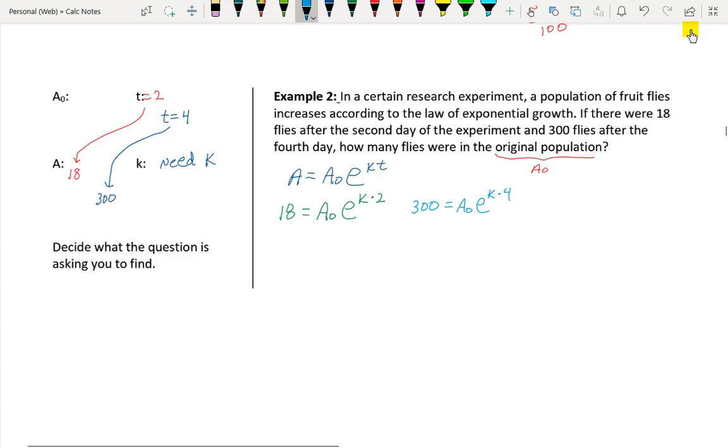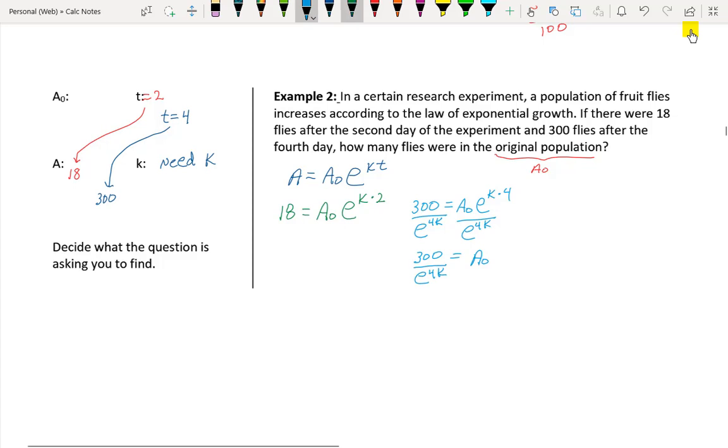But what we can do is we can solve both of these for a sub 0 and then use those to solve for k. So I'm going to divide out e to the 4k on both sides of the right one here. So I've got on the right, a sub 0 equals 300 over e to the 4k.